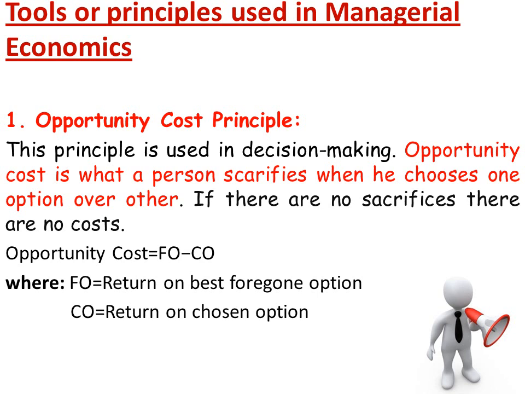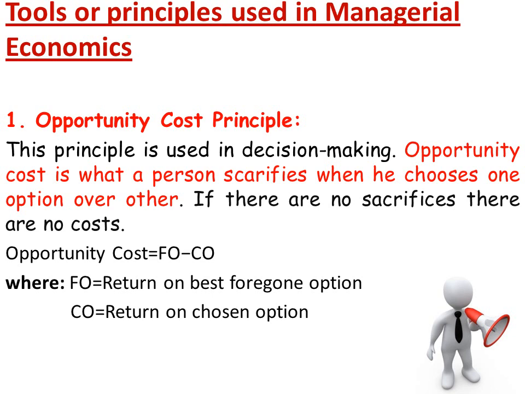It is very clear: a person already has an option and is using it. When he wants to shift the option, the amount he sacrifices, the figure, will be the opportunity cost.